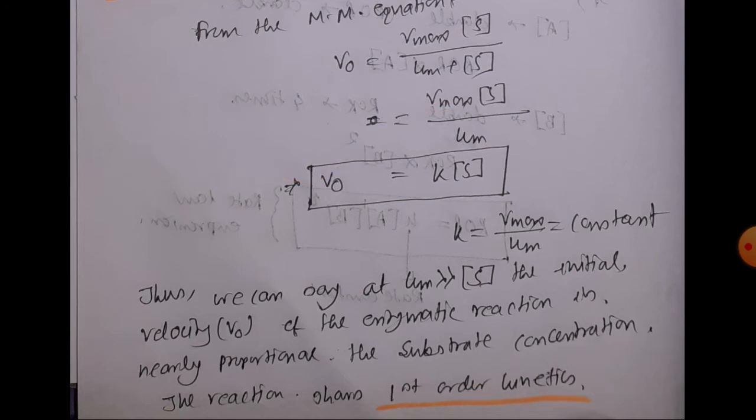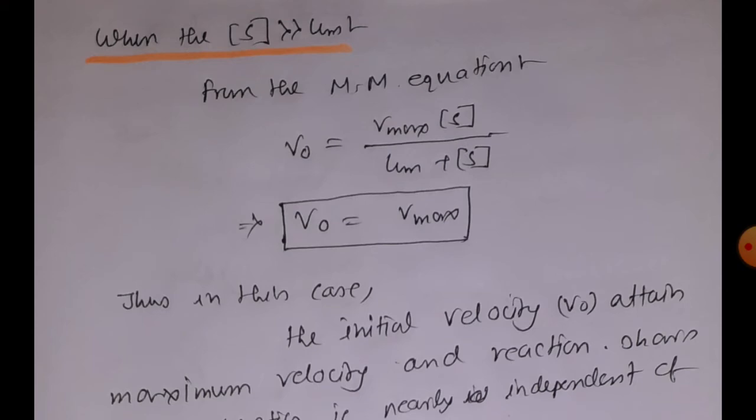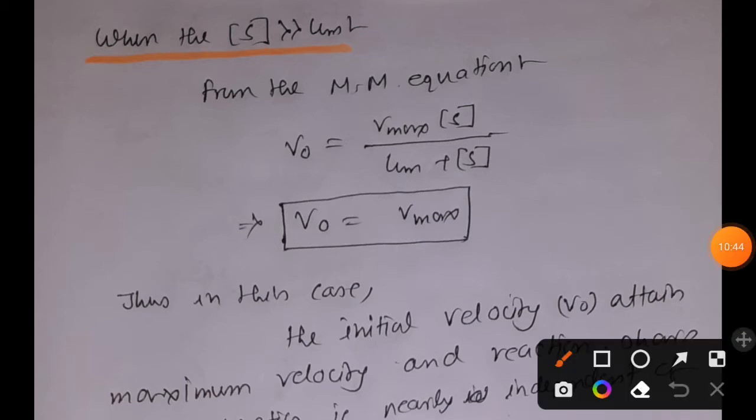So you have to mark the situation where Km is much greater than substrate concentration. Understood?